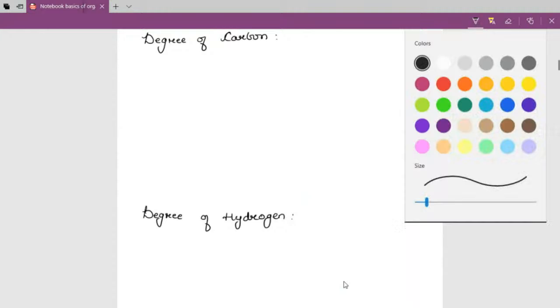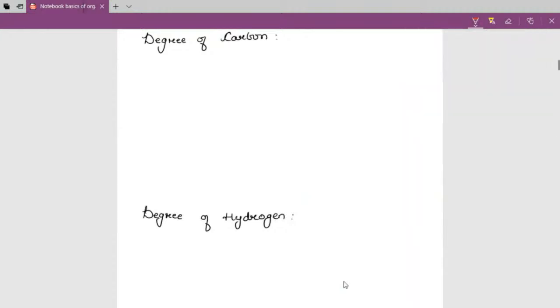So now as we have moved to the word functional group and homologous series, this is a few seconds work to understand. Degree of carbon.